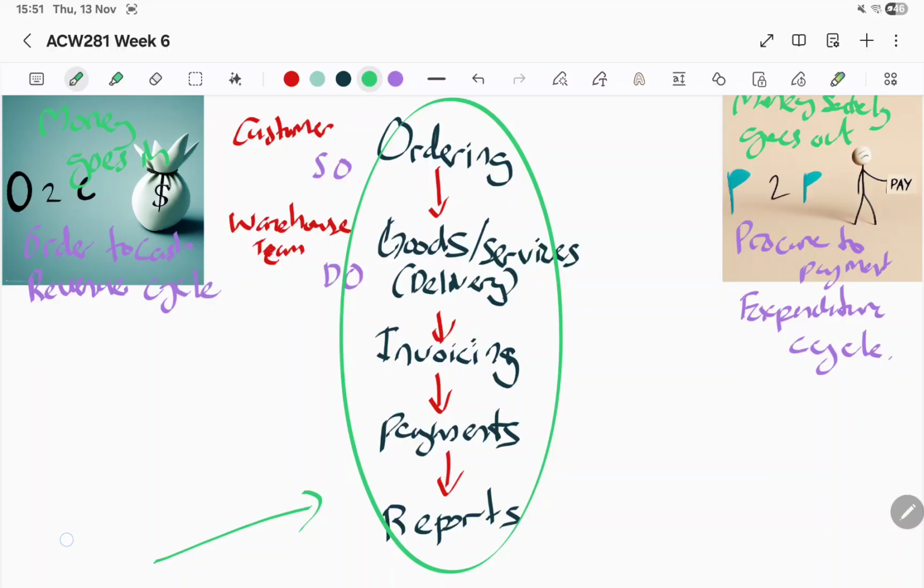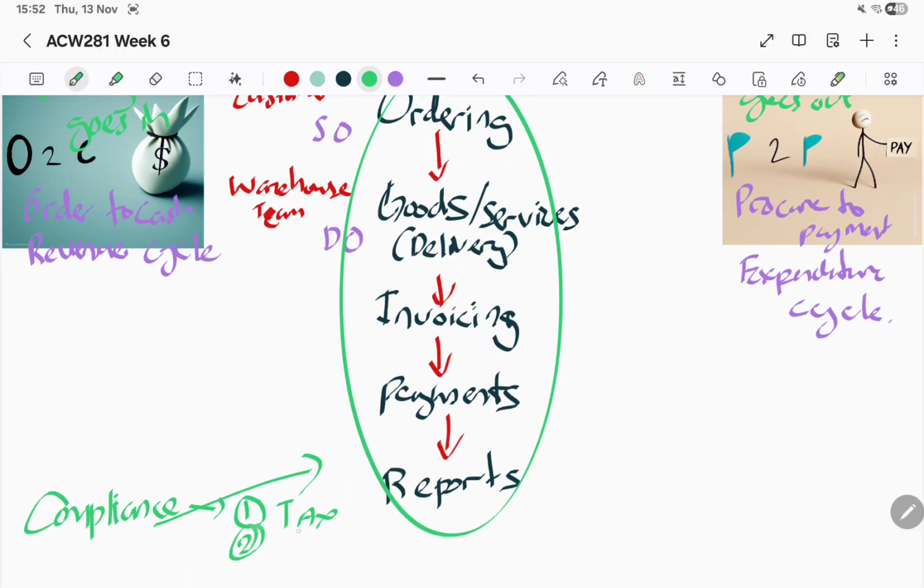It goes back to the compliance, all right? Compliance to what? Compliance to, number one, the tax, right? You want to comply to the tax. If it is tax, then what are the implications? You need to comply to the tax, and you need to comply to the standards, right?